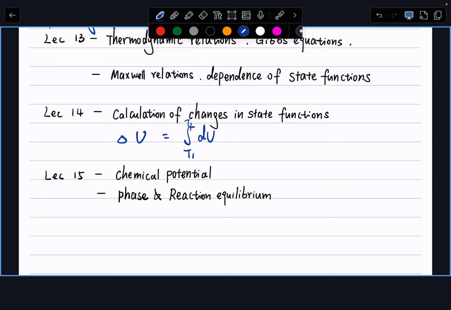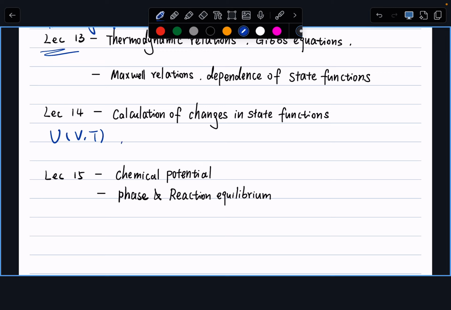More likely, this can be a process of multiple variables. So in this case, we know that U is a function of temperature and volume. In our previous lecture, in the thermodynamic relations, we can solve for the dependence of your internal energy on temperature and volume.